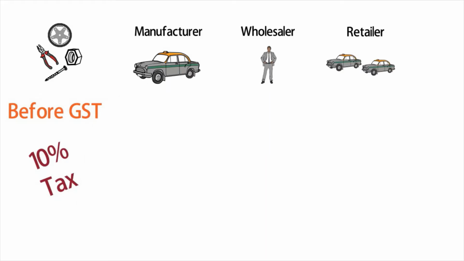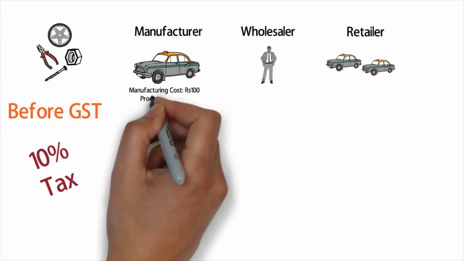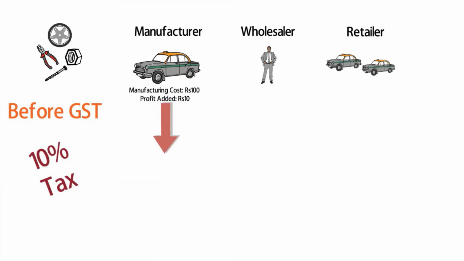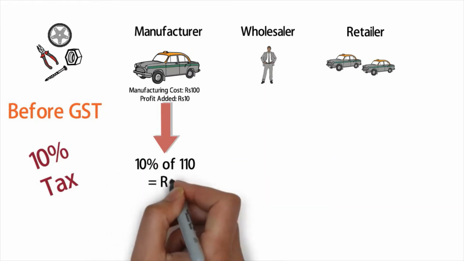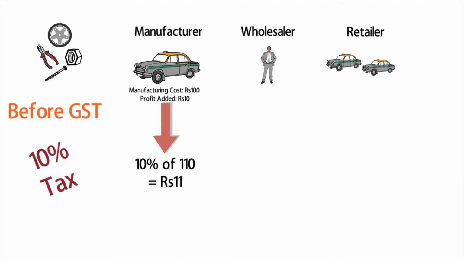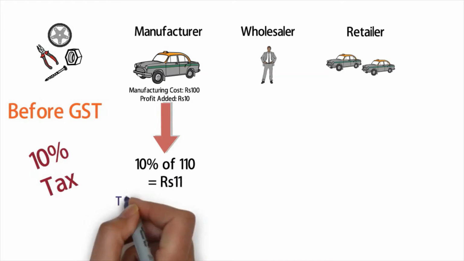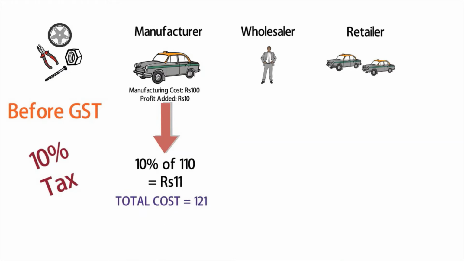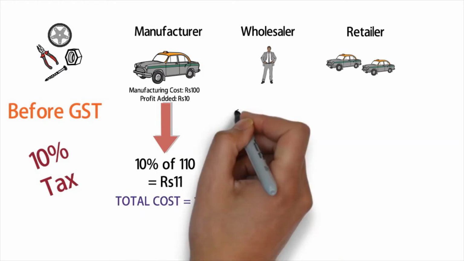So the manufacturer makes a car with 100 rupees and adds a profit of 10 rupees. So manufacturing cost plus profit equals 110 rupees. He then pays a tax of 10% on 110 rupees, which will be 11 rupees. So the manufacturer adds his tax and takes the final price of the car to 121 rupees.